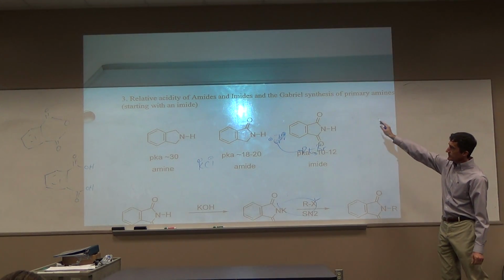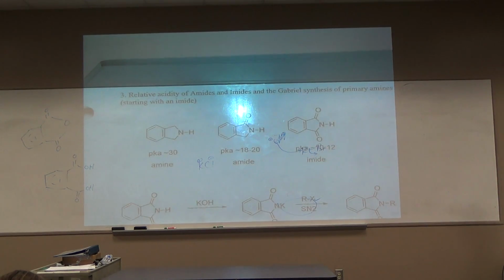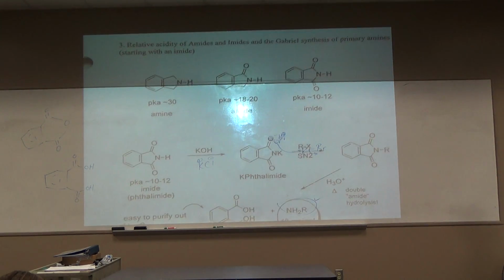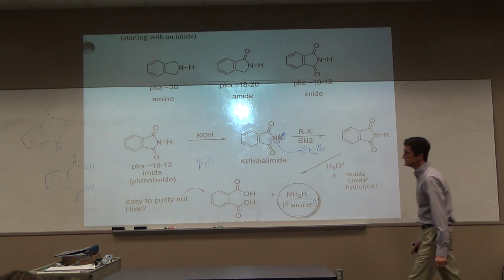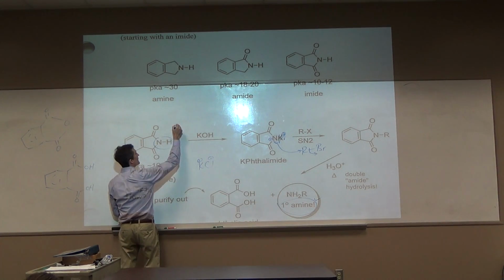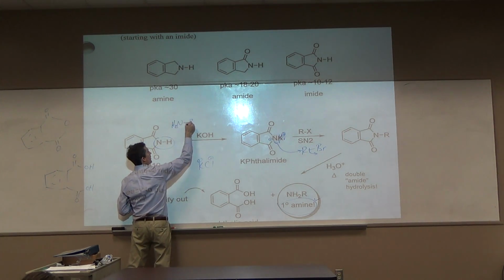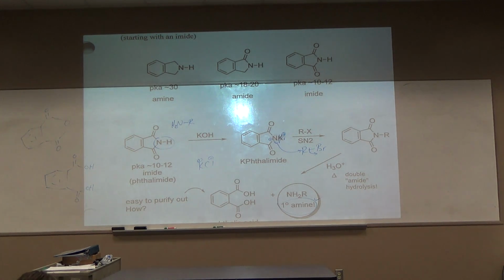Gabriel synthesis of primary amines starting with an imide. Well, we really didn't start with the, yeah, actually we did. We started with an NH imide. So basically, this here becomes NH2R by first putting on the R group and then hydrolyzing. It's a classical way to make a primary amine.